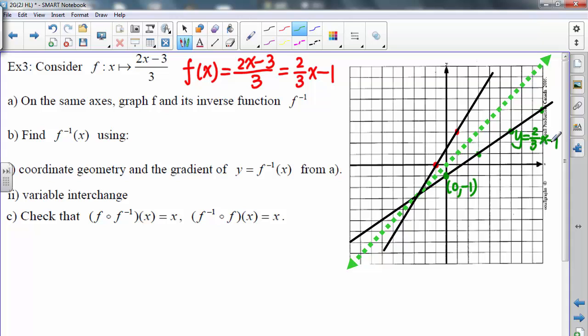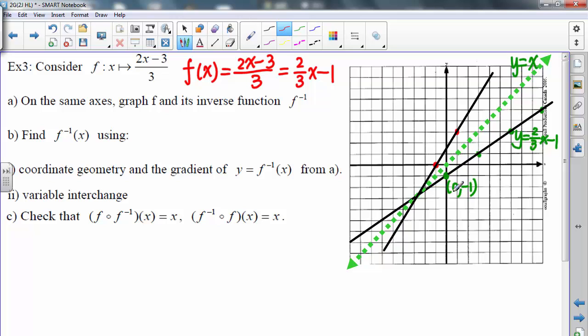Okay. So right now we want to graph its inverse. If you want to graph its inverse, you can put on this y equals x line and then draw the reflection image. But of course, the best way is to use some points on the original function to help you graph the reflection image.